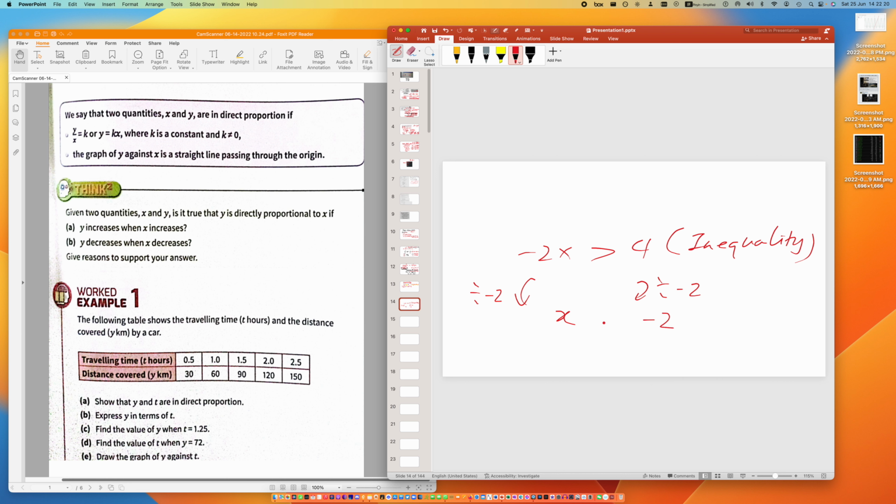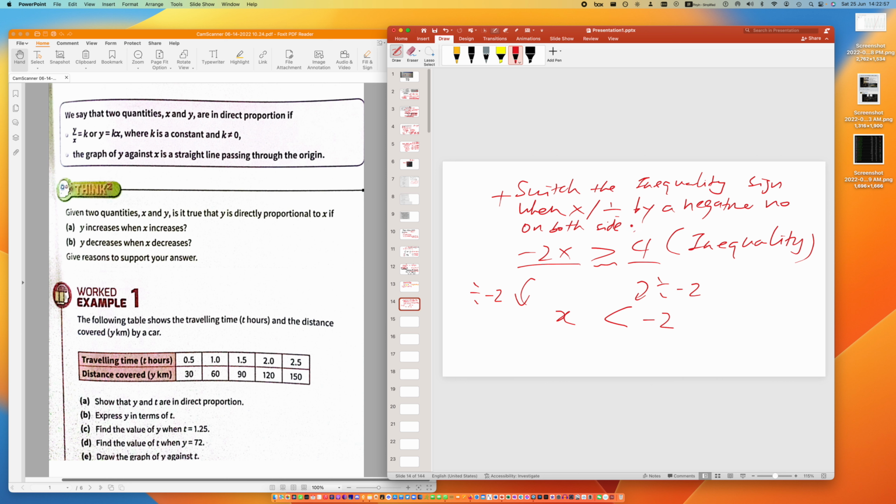So what do we do with the sign? We divide by 2 already, we divide by 2 here. Then what about this sign? Change, switch. Why? Because when it comes to inequality, switch the inequality sign when you times or divide by a negative number on both sides.